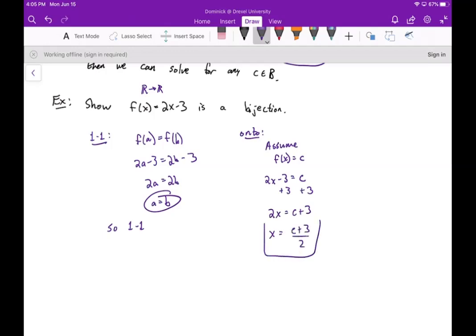And since this is from the reals to the reals, x can be any real number, c can be any real number, so I have a formula that will get me any number that I want in the set of reals. So this, of course, is onto. So this is a bijection, since it's both one-to-one and onto.